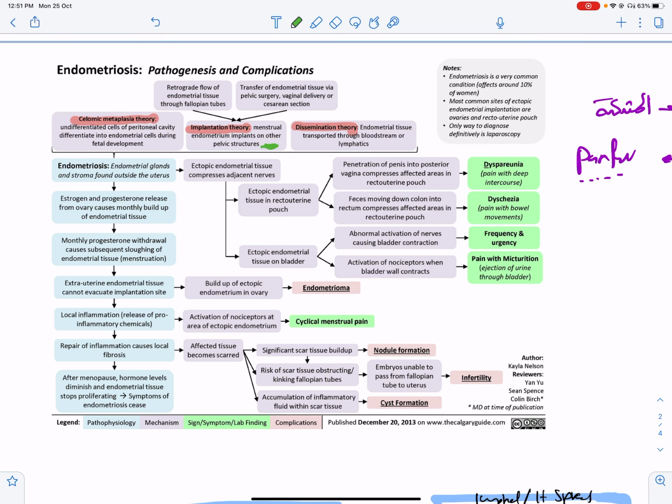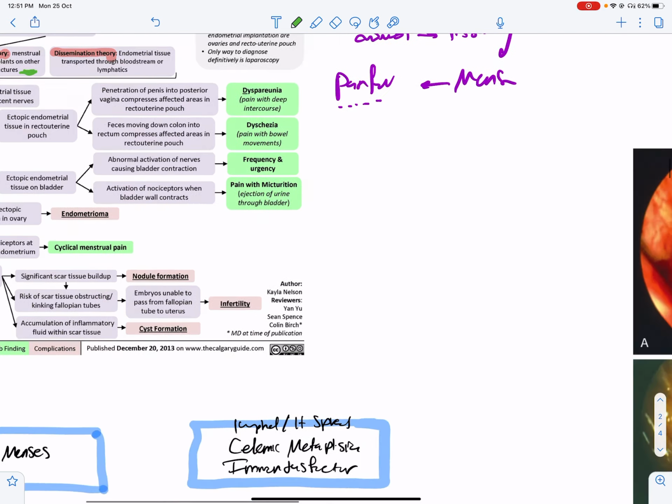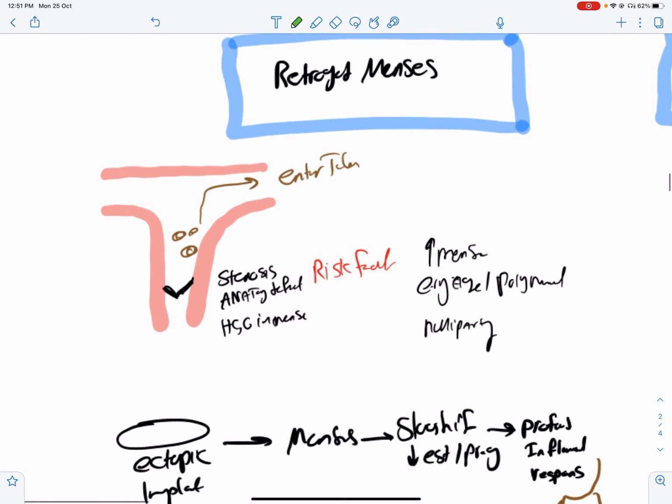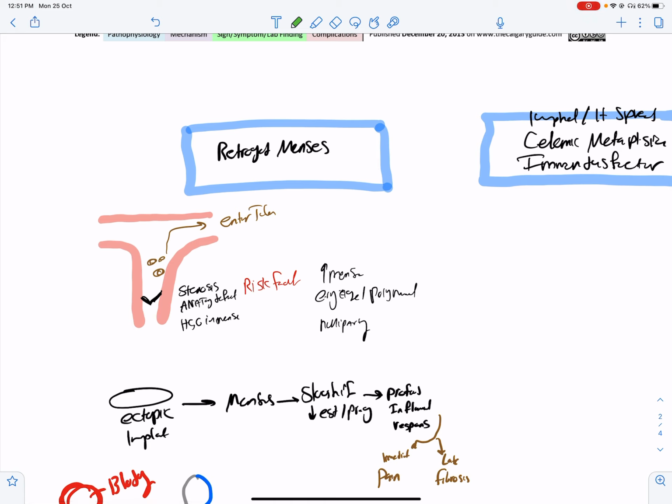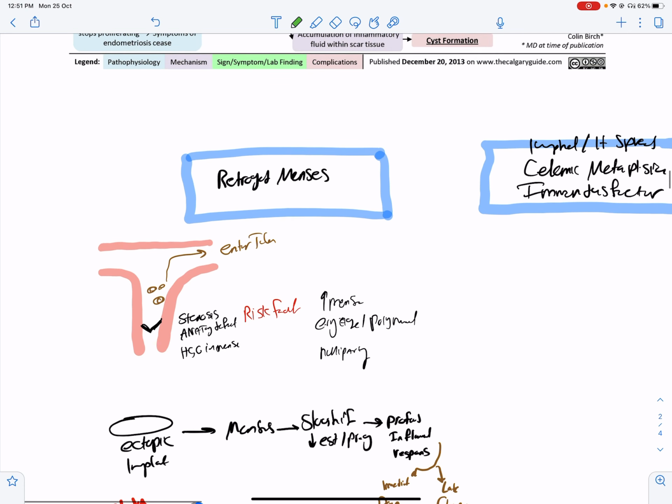Now, if you have Asherman syndrome, or you have cervical stenosis, okay, or if you do hysterosalpingogram during menses, this will all lead to retrograde menses going to the tube and causing implantation to other areas. Now, the retrograde menses can also be because of nulliparity.